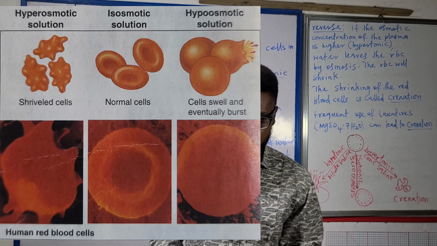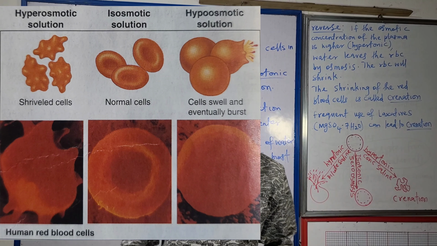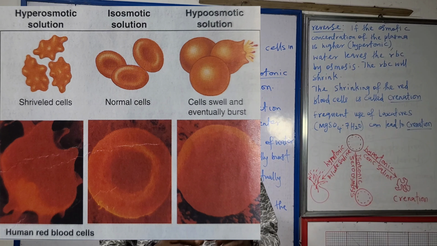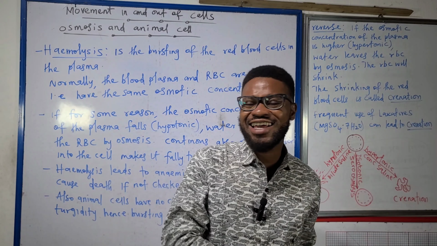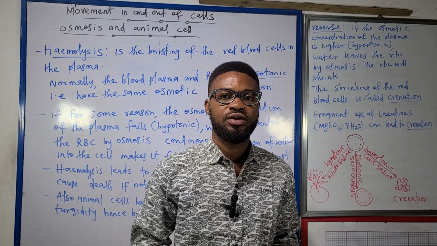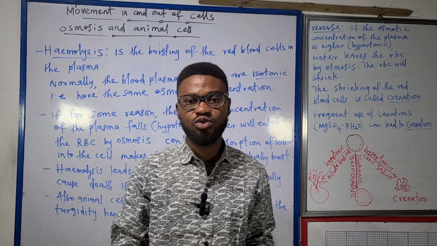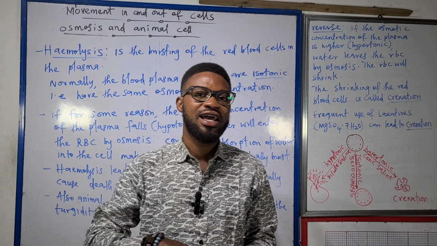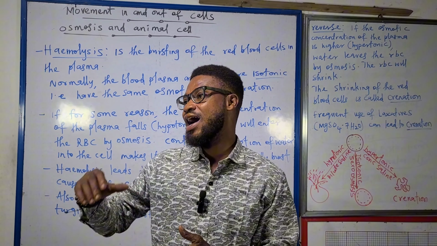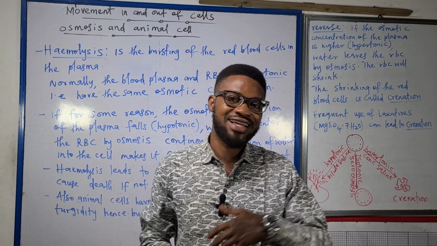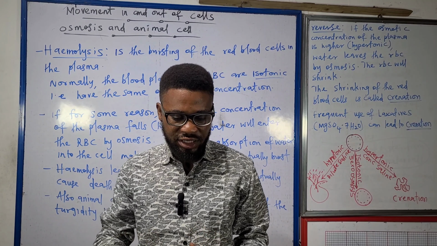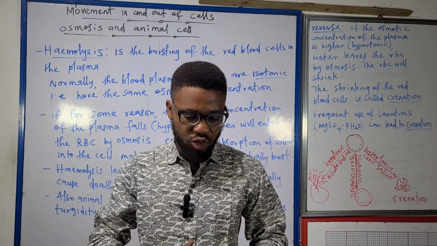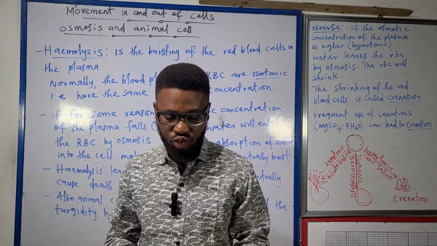So if a red blood cell is left to stand in a hypotonic solution, as you're seeing in that diagram, the meaning is that water will move from that solution into the cell, which is having a higher interior concentration than what is on the outside. So water will move into the cell. This cell continues to swell as more water continues to come in.